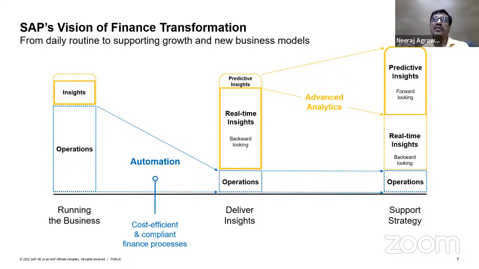What would our profits be by the end of the year, or by the mid of the year, and so on? So here we would be using the predictive capabilities available in SAP to even foresee what our results would be in the future. So this is the vision of SAP, and that's where we are looking to reach.